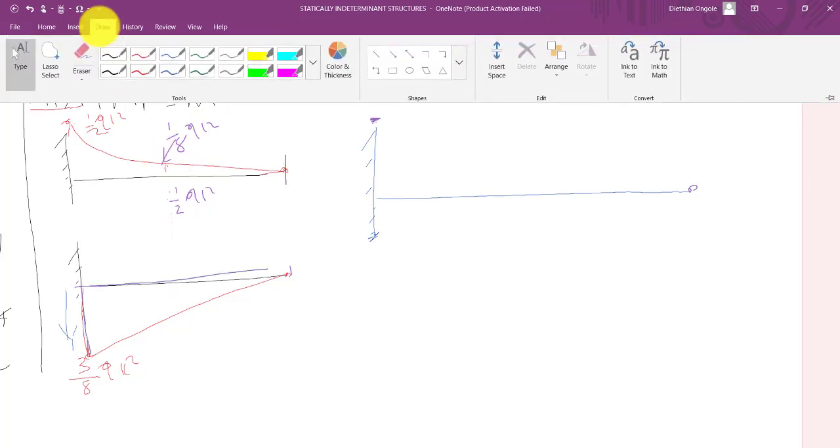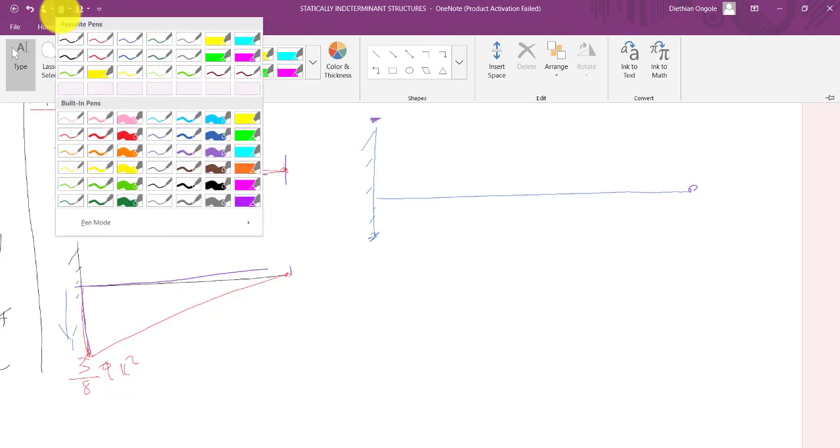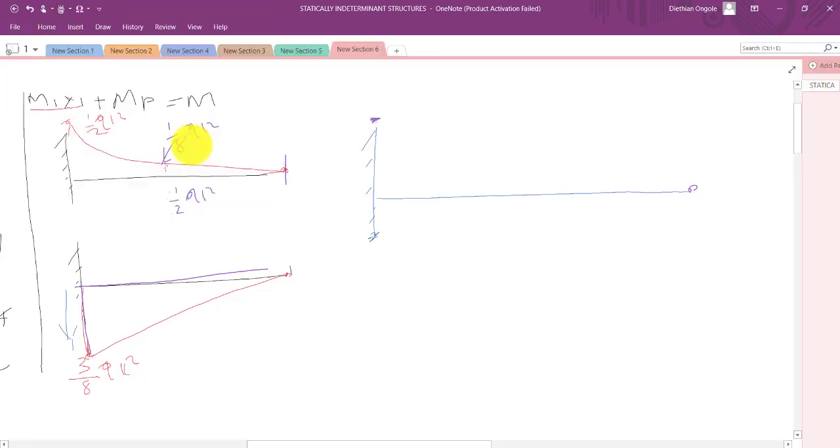Then for the triangle, we also need to find the moment at a length L equal to L over 2. So at the point L equal to L over 2, we need to find the value of the moment here. We know that the big triangle, this one here, has a ratio of height to base of 1 to 1. Therefore, the ratio of this height to this base here must also be similar to that.